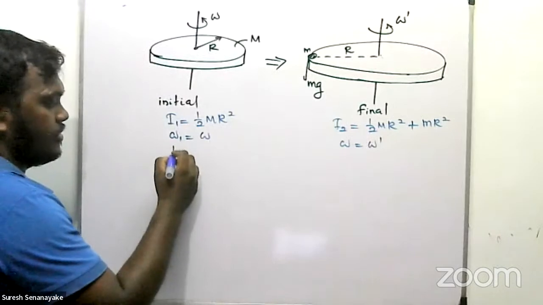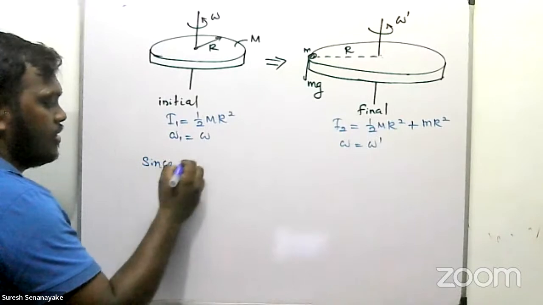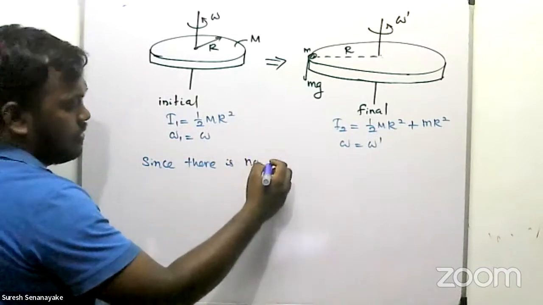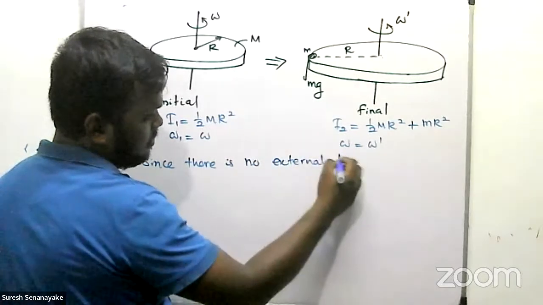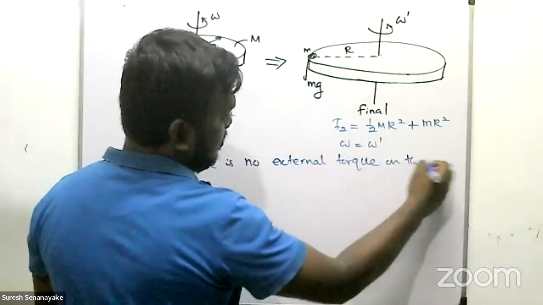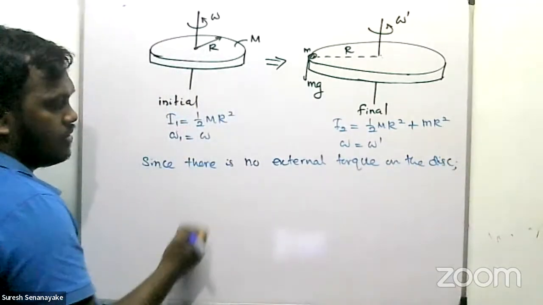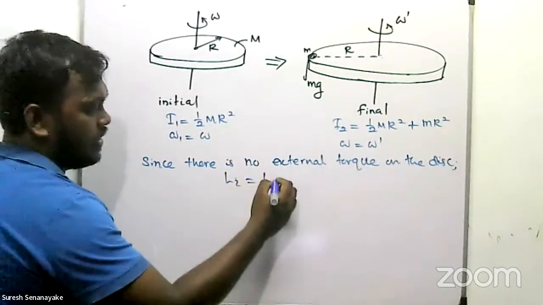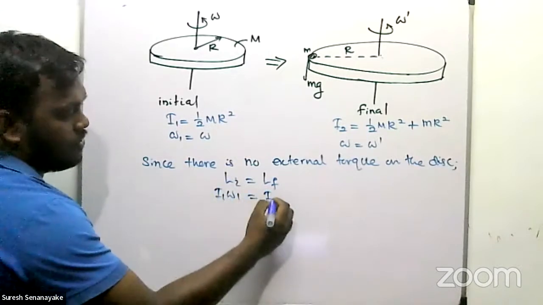Since there is no external torque on the disk, initial angular momentum should equal the final angular momentum. That's I1 omega 1 equals I2 omega 2.